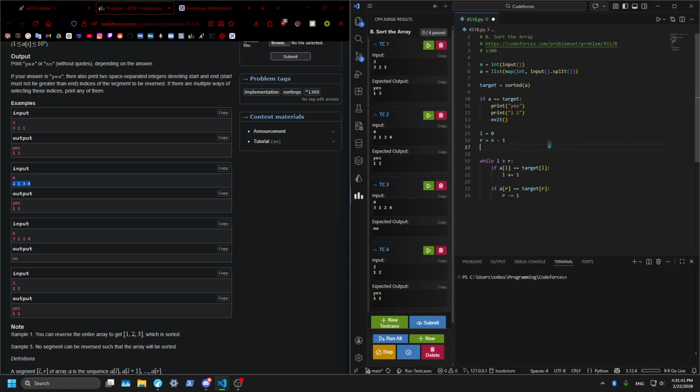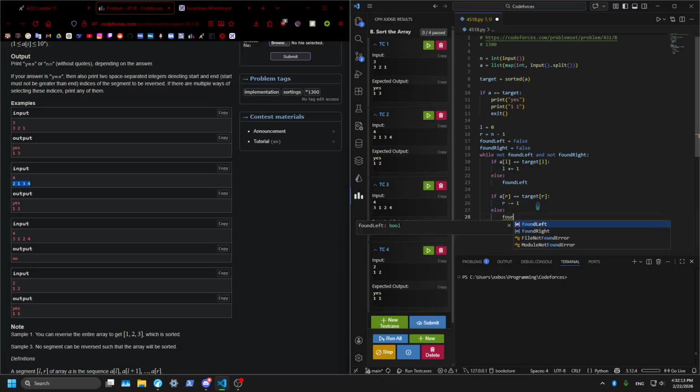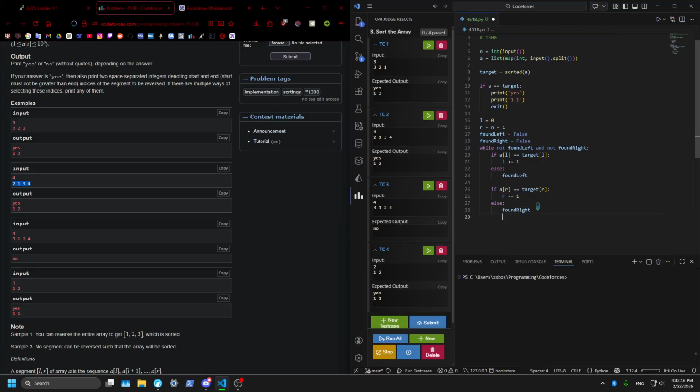We can keep track of two more variables, like found left false, found right false. While not found left and not found right would go here, else found left, else found right, something like this.